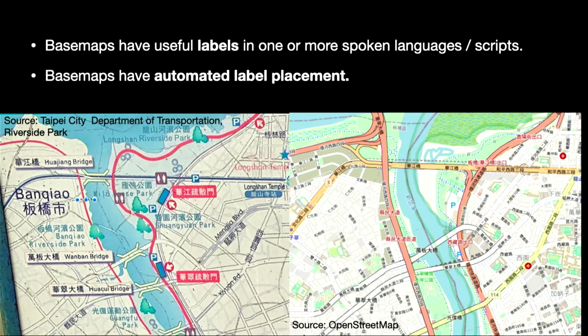So that's probably someone in Photoshop or in Illustrator that designed the map in that way. And for the base maps we're talking about here, they all have automated label placement. So on the right is OpenStreetMap, the Carto layer, and you can see that in general, when there's a road, there's an automated placement of the name on the road.